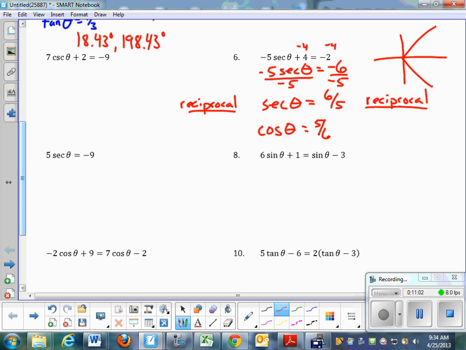Draw my reference angles. I inverse cosine of 5 over 6. Somebody give me a number. 33.56. So 33.56 is one of my angles, correct?